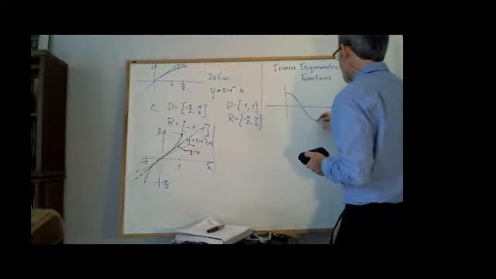Now that starts off at x equals 0, it's y equals 1. And at x equals pi over 2, that's where it goes to 0. And at x equals pi, it goes to -1.